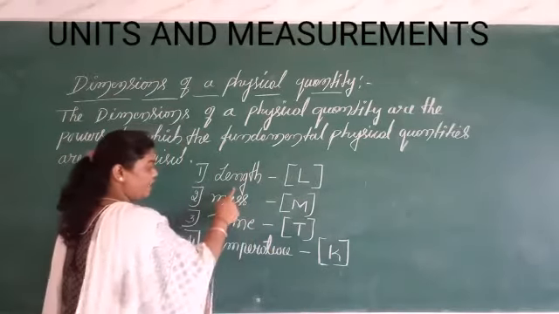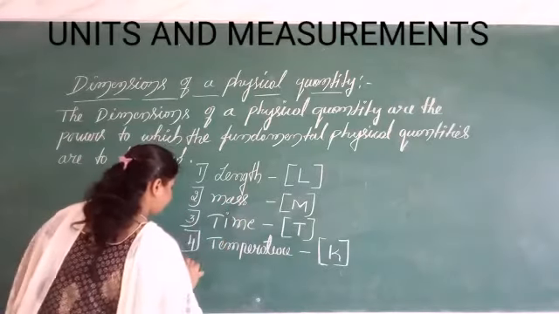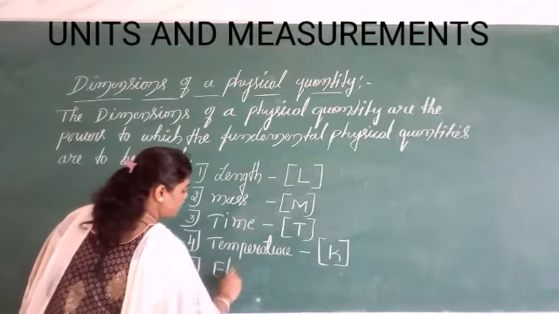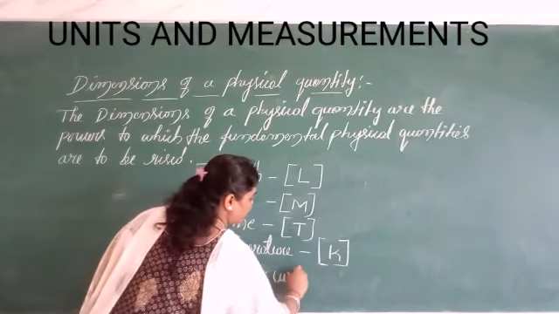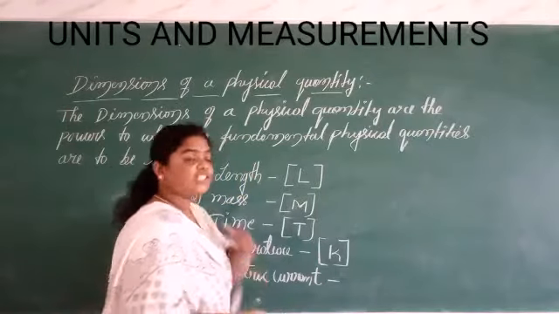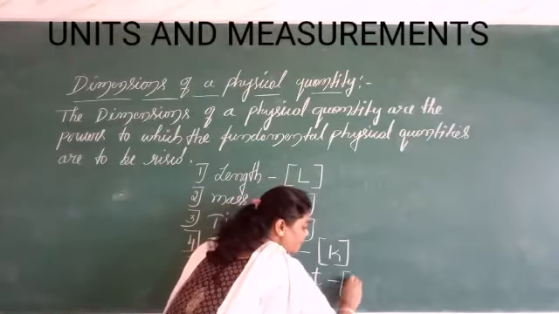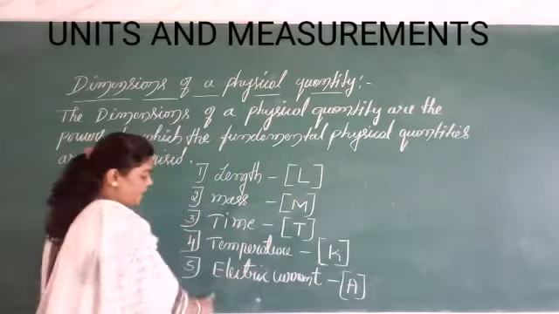So how many are done? Length, mass, time, temperature, that is 4, and the fifth one is electric current. The dimension of electric current is capital A.